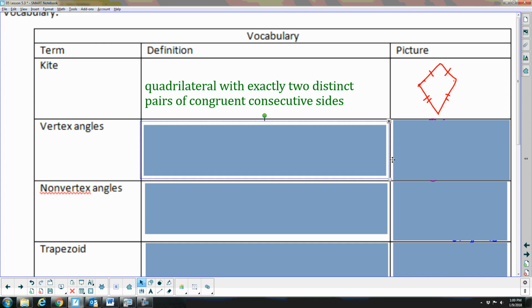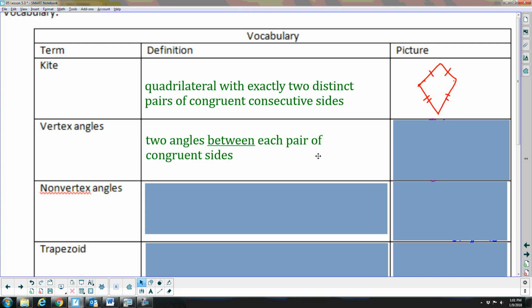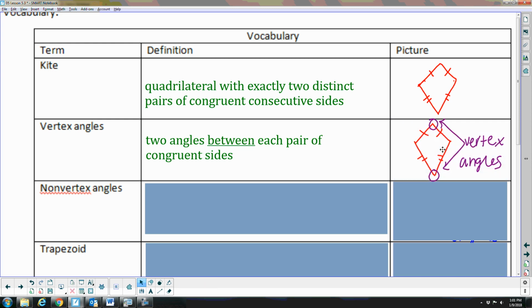Now if you think of an isosceles triangle, this would be a vertex angle of an isosceles triangle. And the vertex angles for a kite are the same. They would be the two vertex angles of the two isosceles triangles. So the two angles between each pair of congruent sides are your vertex angles.